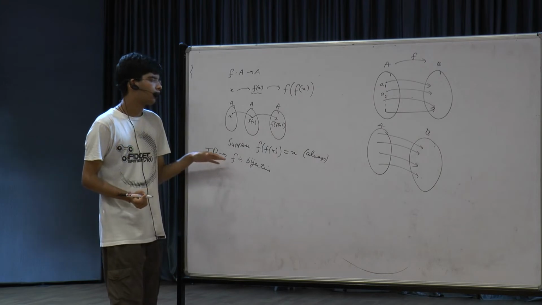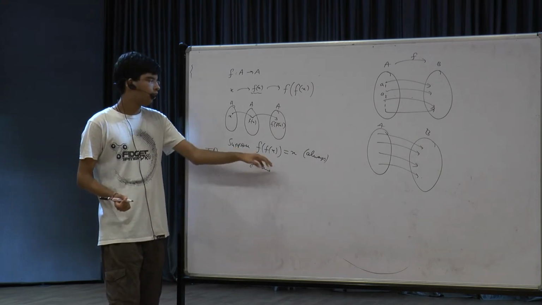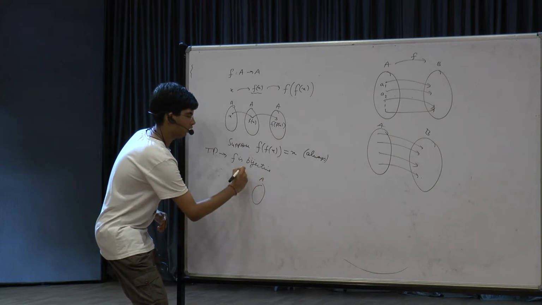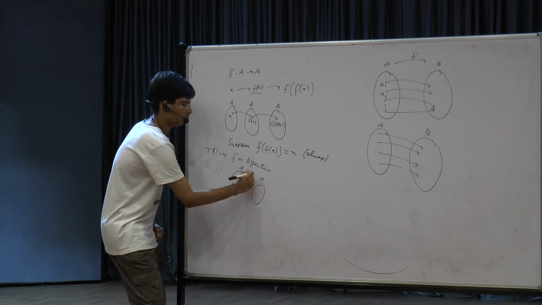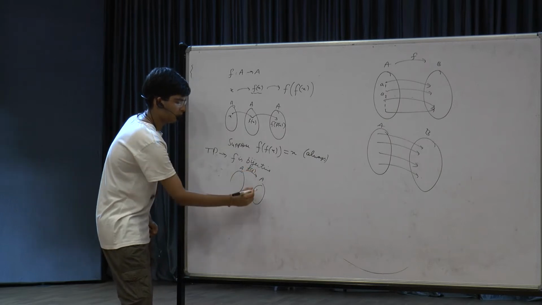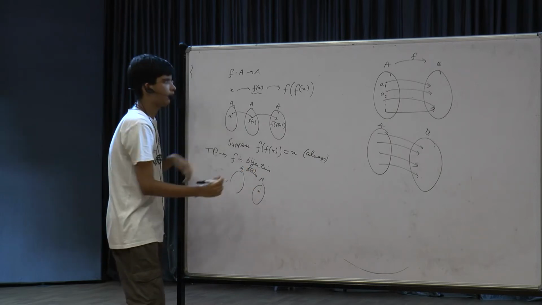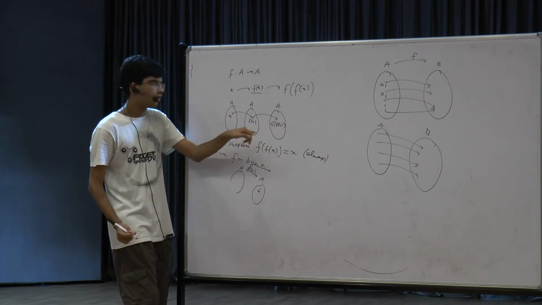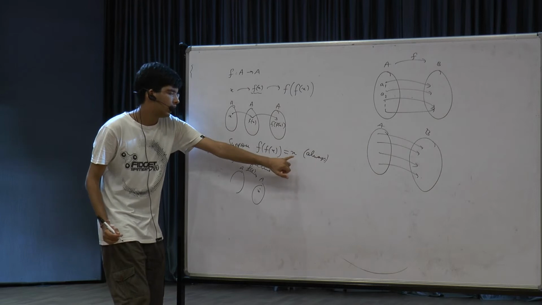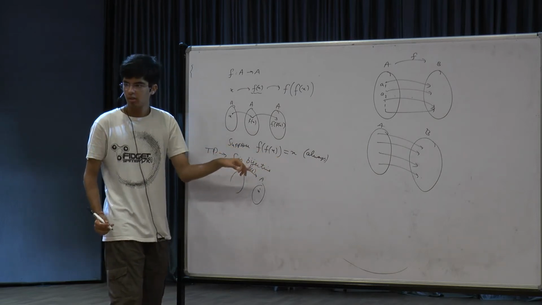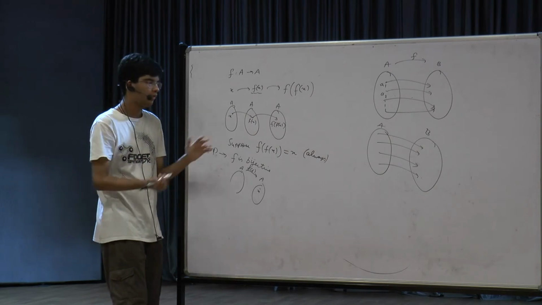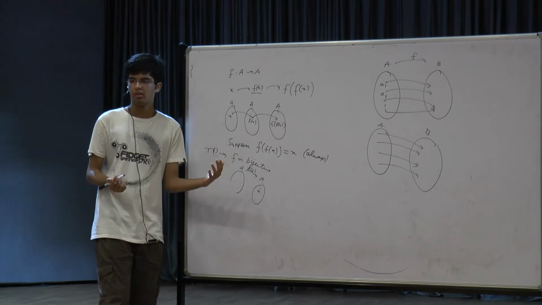First we see that surjectivity is obvious, because look at this: A and A, you have a map f of f. Every x in A is covered by f of f of x, because x is f of something. So every x here is covered by f of something. So f is surjective, that part is clear.